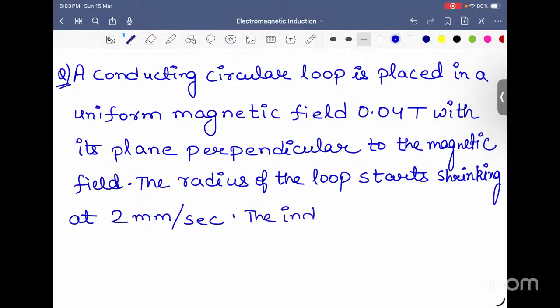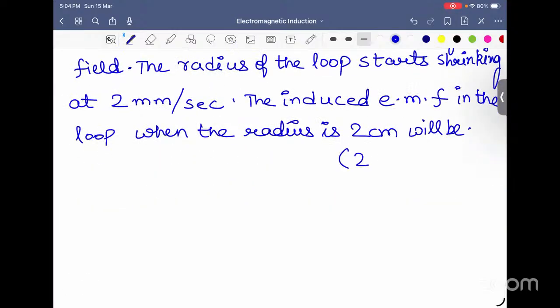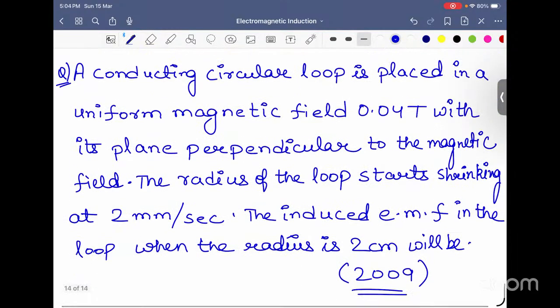The induced EMF in the loop when the radius is 2 centimeters will be. So this question was asked in 2009. Please note down this question, then we'll solve it.